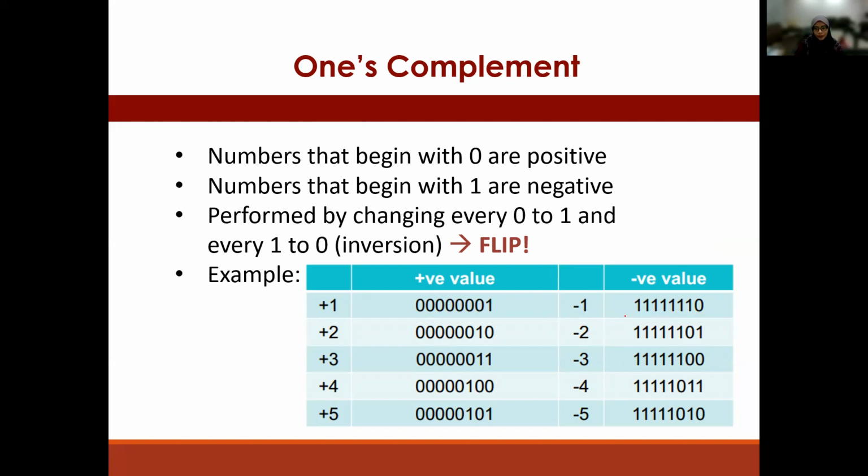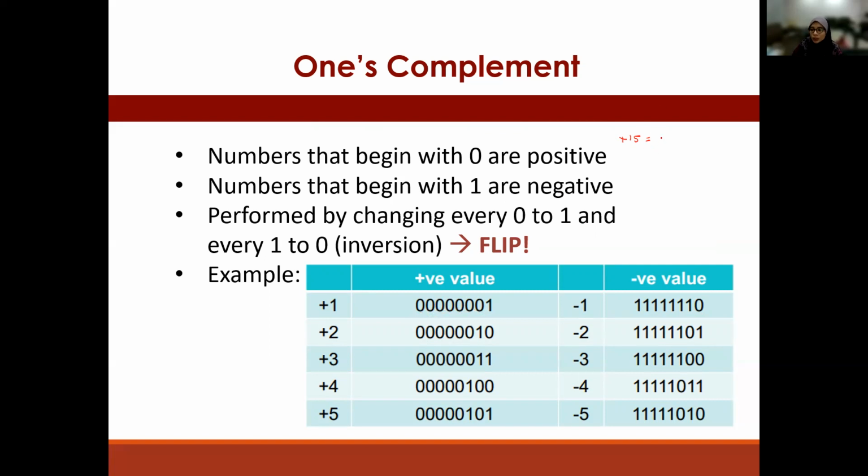So what if we have 15? The number is positive 15. How many bits is it? 1, 2, 3, 4, 5, 6, 7, 8. 8 bits means 1 byte.